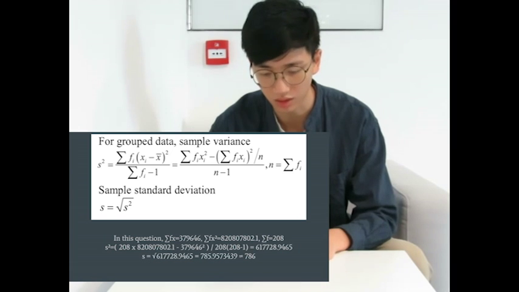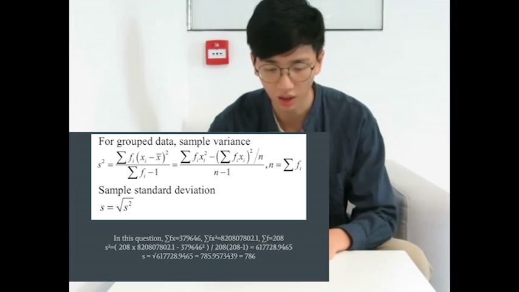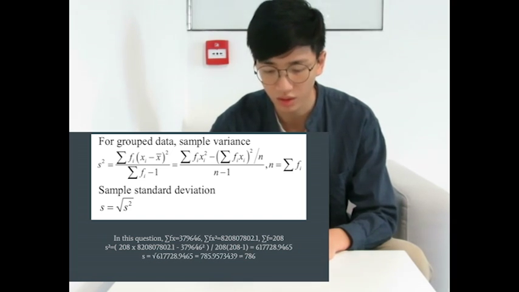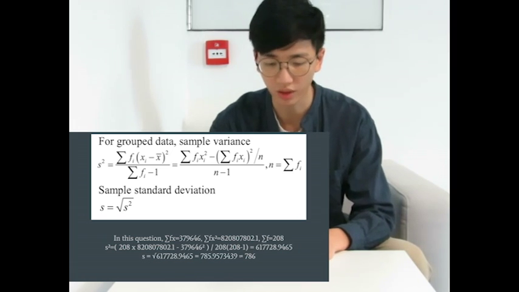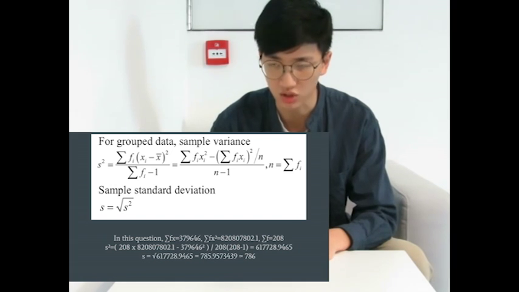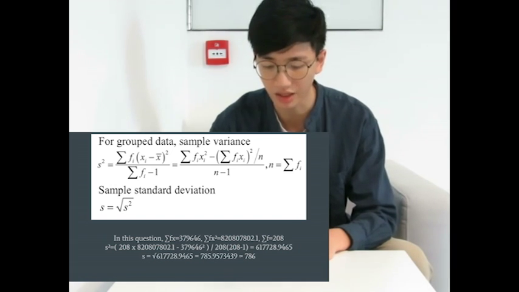So we can get the sample variance by this formula, which is 61772.9465. So you can get the standard deviation is 786.